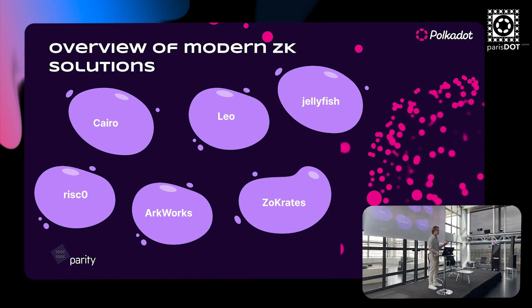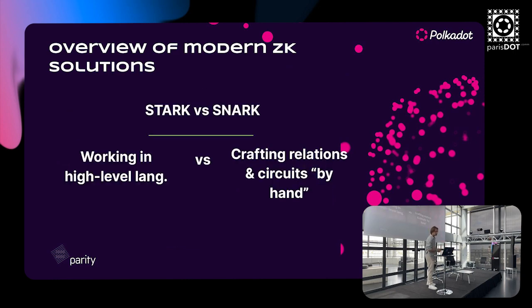But you can essentially categorize them into independent families. It's either STARK or SNARK, and either you work in a high-level language, or you craft relations and circuits by hand. And sometimes you just need to make certain trade-offs between the different families you want to go for.